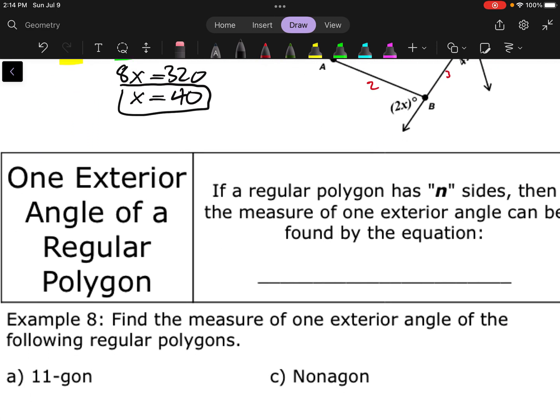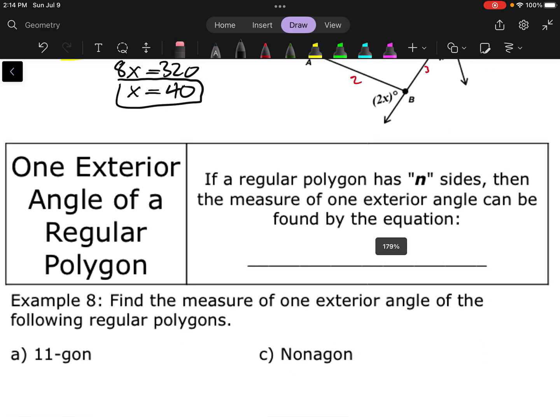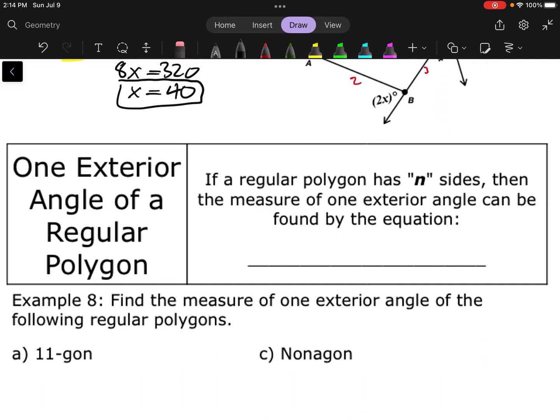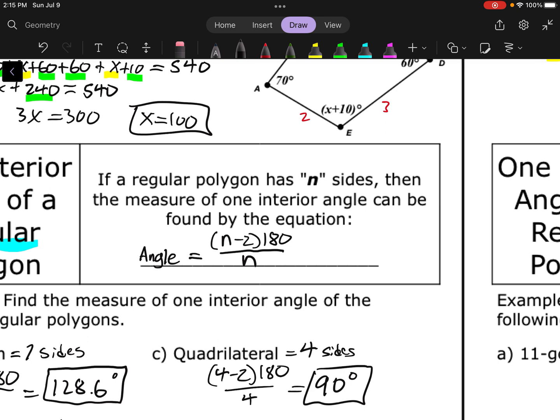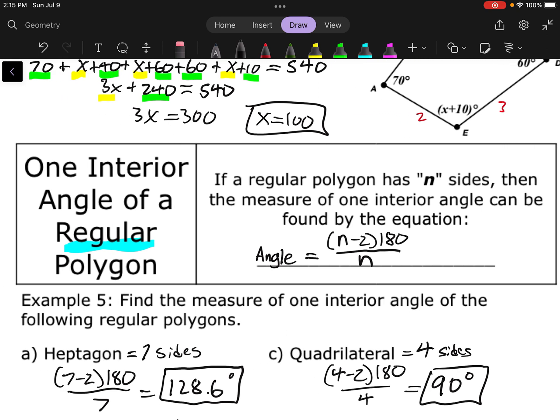Going on here, if we want to find one single exterior angle of a regular polygon, remember regular means that they're all the same, then we can do the formula of angle is equal to 360 divided by n. Think of this as the counterpart to this formula that we looked at.